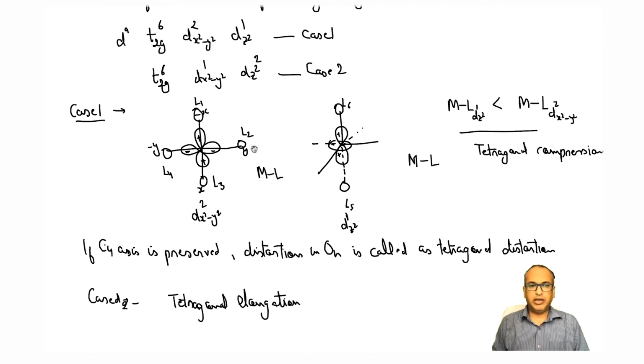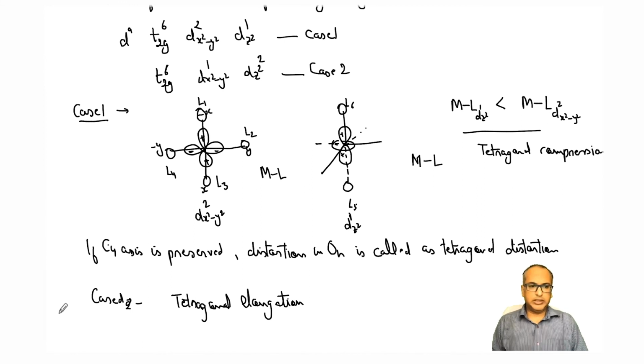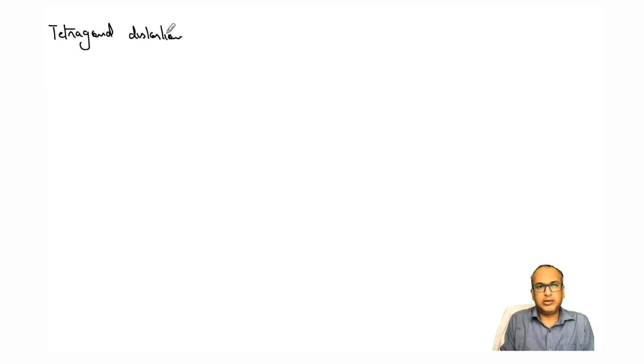This should be very clear now. It should not be a problem. So let's move to the next page and discuss tetragonal distortion a little bit more. So if there is a tetragonal distortion to octahedral, we know that the C4 axis is preserved.